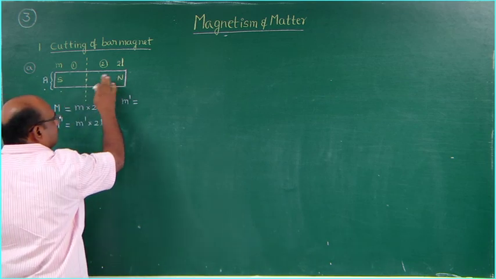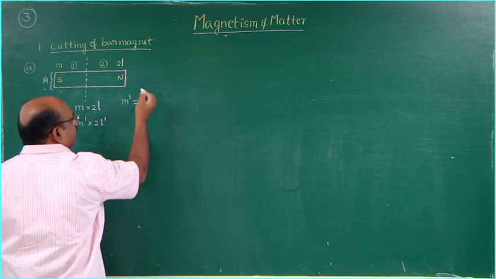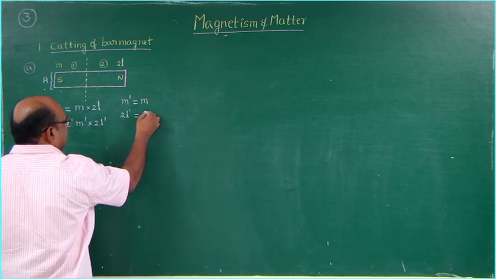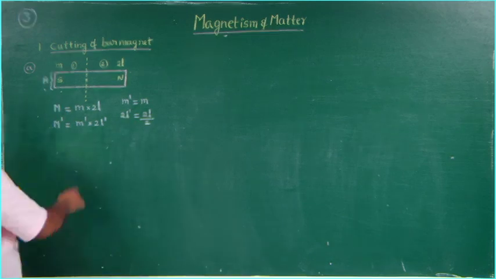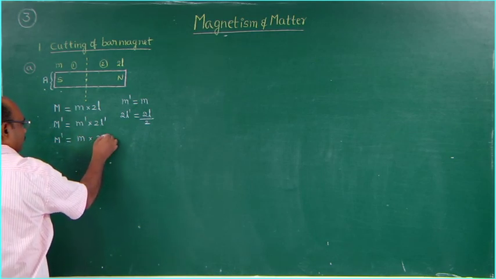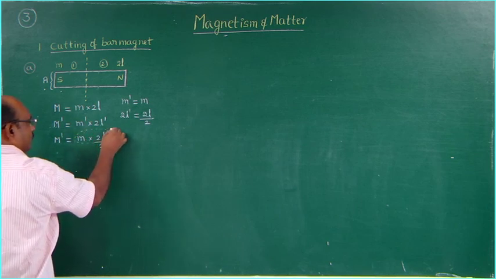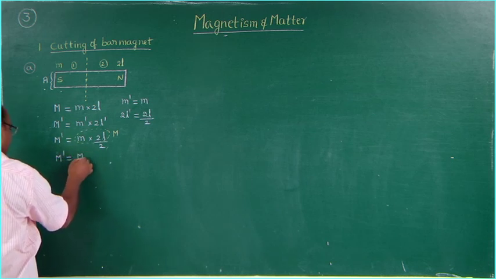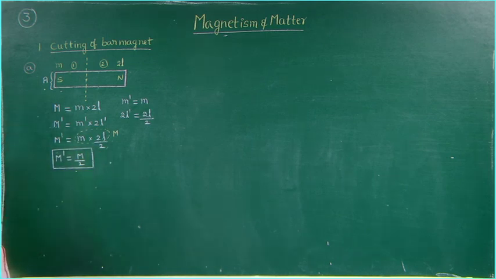The face area or area of cross section is not changing, that is why m dash is equal to m only. But there is a change in the magnetic length. 2L dash is equal to 2L by 2, since it is made into two pieces. Now, substituting here, M dash is equal to small m into 2L by 2. But m into 2L is nothing but capital M. So, the magnetic moment of each piece, M dash, is equal to M by 2. Keep in mind M by 2 and M by 2.